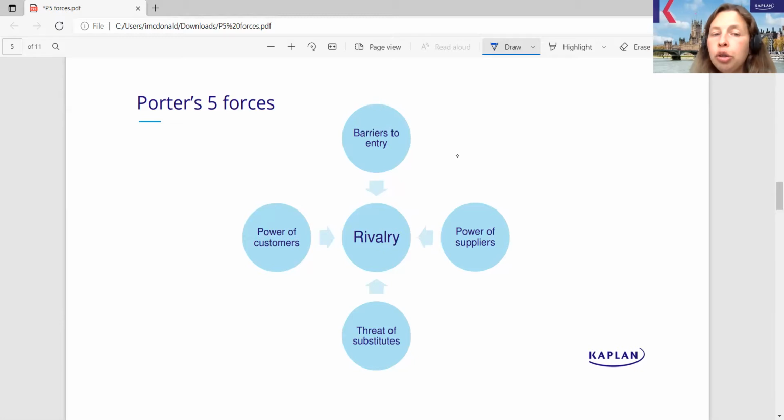In trying to understand the degree of competition an organization will face in its environment, there are 5 key factors we will need to consider. So the first factor will be barriers to entry, how easy or difficult it is for a new company to be set up in the industry.